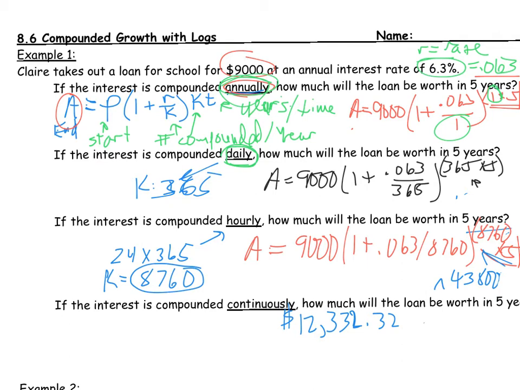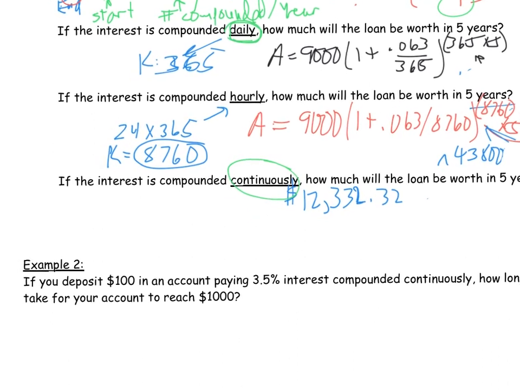This next one, continuously, right here, that's the key term. It's compounding interest continuously, like every second, whatever it would be. How much will the loan be worth in 5 years? It's really not that much more, but I'm going to show you the formula that's used for continuously.